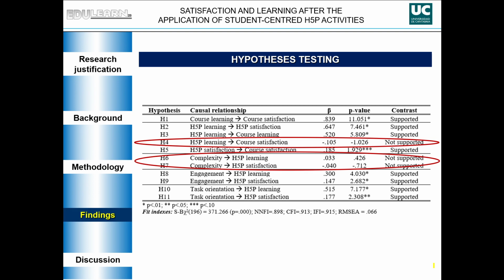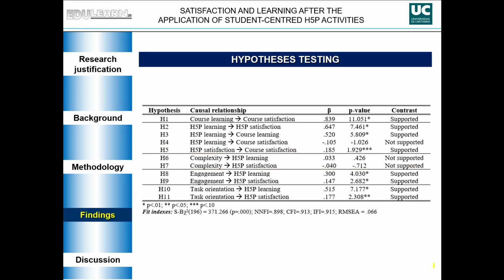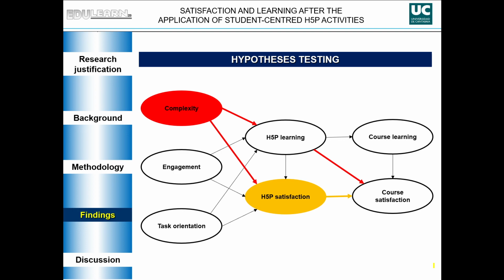We also observed that H5P learning did not have a direct impact on course satisfaction, but it did have an indirect impact mediated by course learning and H5P satisfaction. Because we know that these results might be difficult to understand just in the table, we prepared this graph to represent the findings visually.